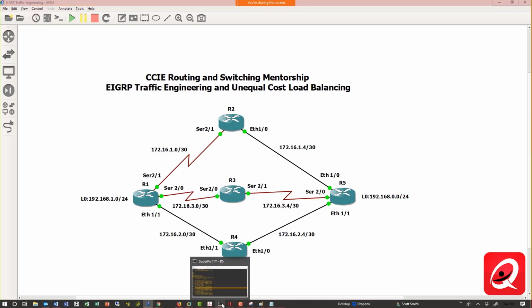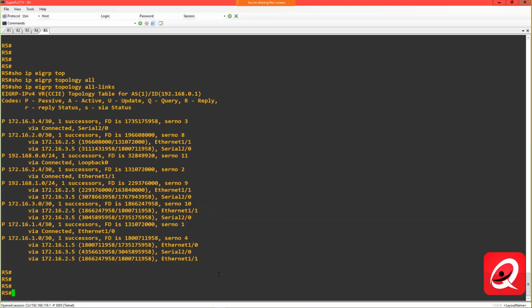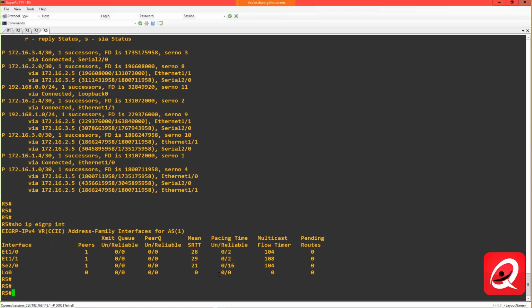So before we go in and play around with some of these other values, let me do a show IP Eigrp interface real quick. So we are running Eigrp on all three paths. That's interesting. We do have a peering relationship as well on all three interfaces. So that's kind of an interesting concept.